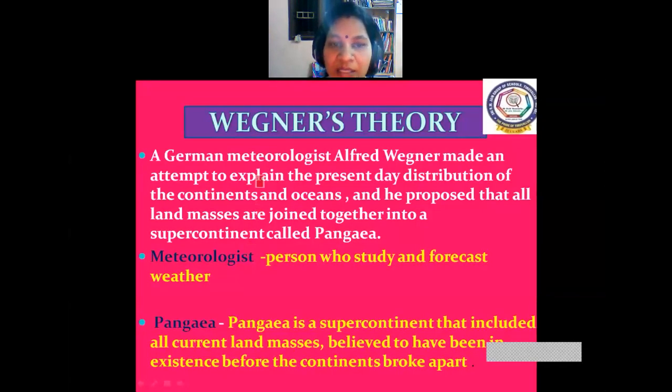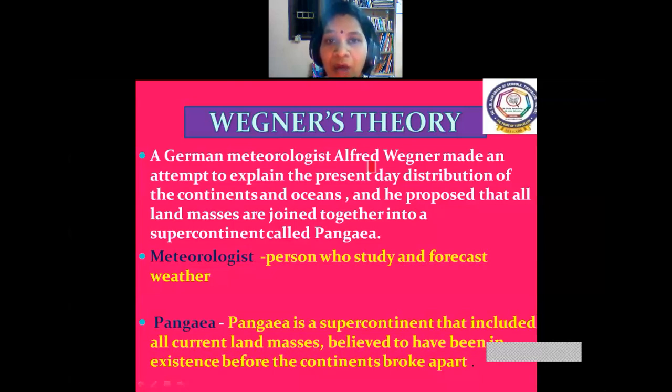About this, Alfred Wegener, a German meteorologist, made an attempt to explain the present day distribution of the continents and oceans, and he proposed that all land masses are joined together into a supercontinent called Pangaea.